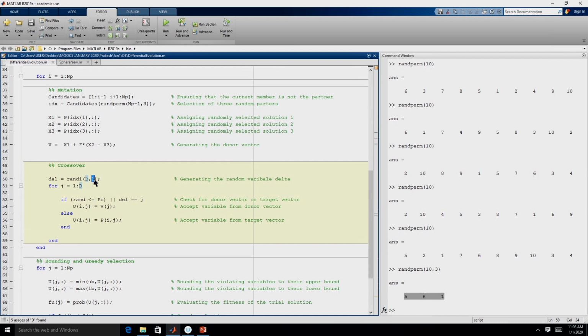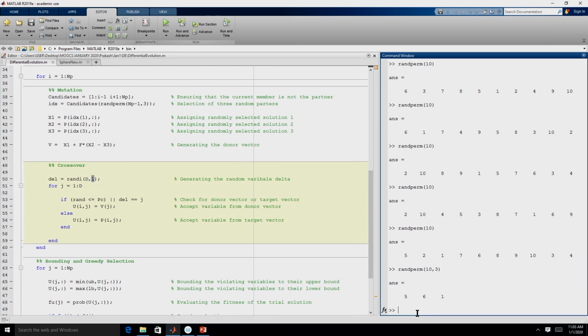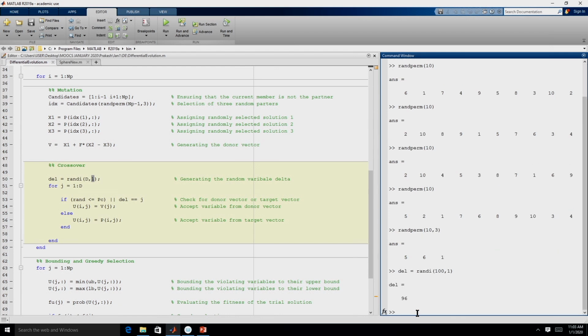So, that is why the second one is given. So, you can quickly do this over here and see what happens. So, when we say del is equal to randi of 100 comma 1, it will give us a random integer, one value which is from 1 to 100. So, that is how we are generating the del value.